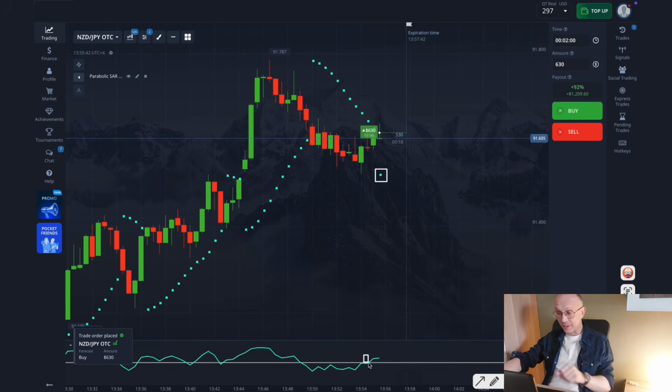After that, we connect the RSI to confirm the picture. The turquoise line neatly crosses the middle gray line from bottom to top. This is exactly what it looks like when the strength of buyers begins to dominate. The movement becomes more focused, the momentum gains stability, and the likelihood of continued growth increases significantly.